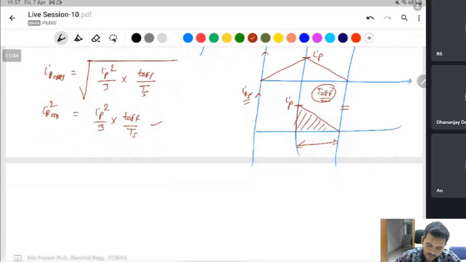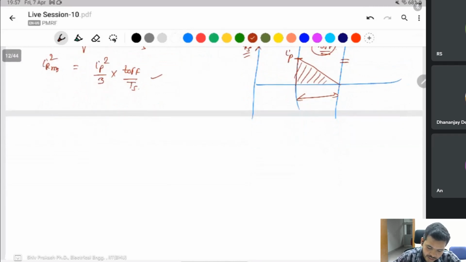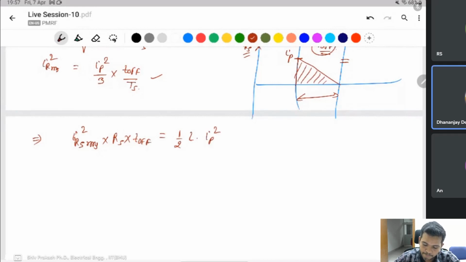So what is the stored energy? Half L I square. Both energies should be the same. Then IRMS square into R5 into T off time equals the energy, half L I square. This should be a constant, as the current is the same.